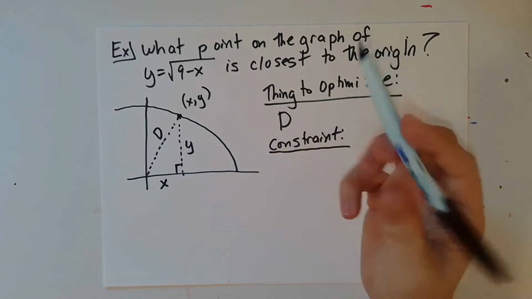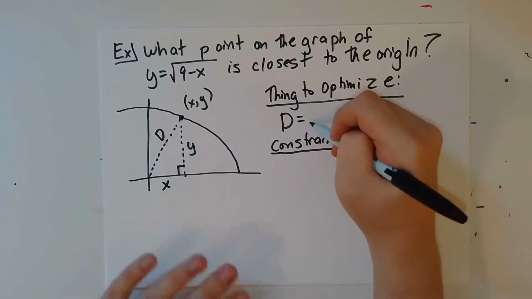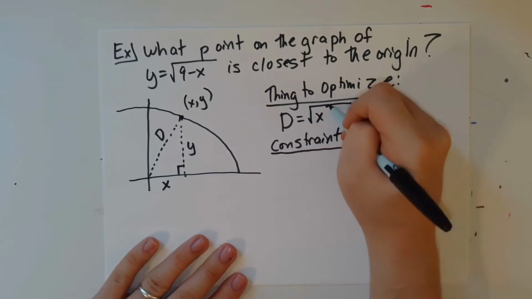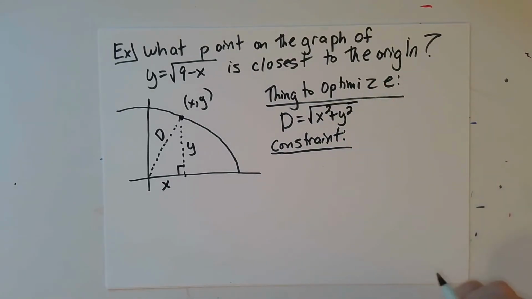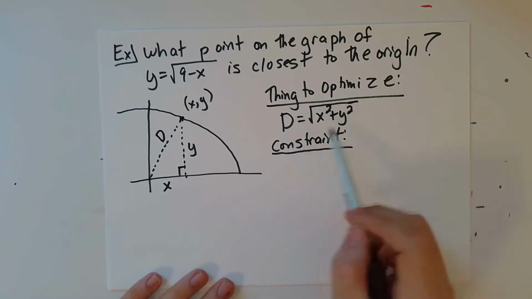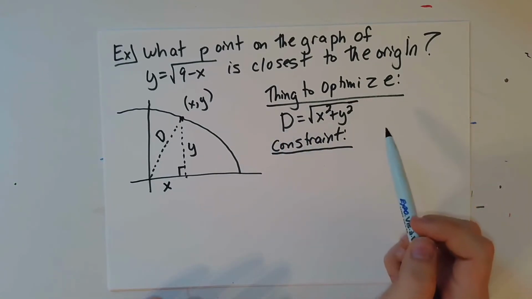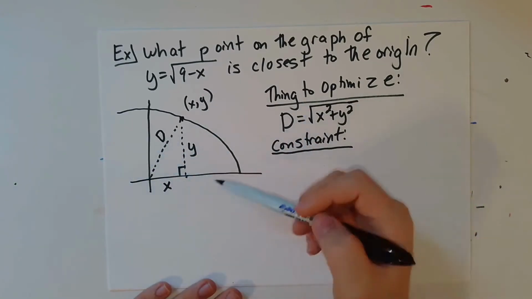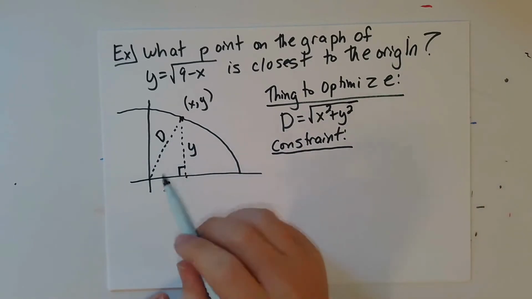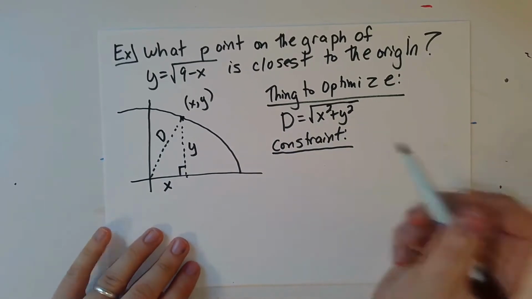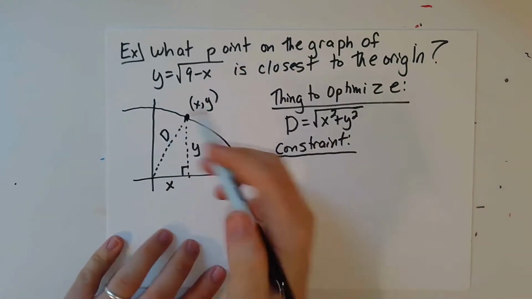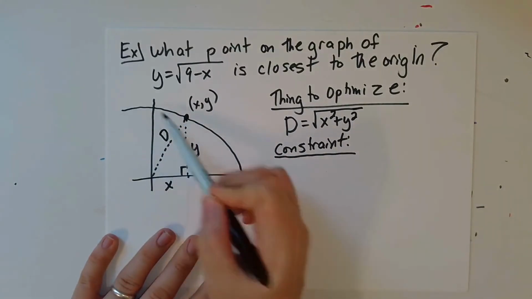And so what this tells you is that this distance, it's actually the square root of x squared plus y squared. That's the thing we're trying to optimize. This is if you want just the distance formula, if you are used to thinking about the distance between 2 points in the plane being given by this x1 minus x0 blah blah blah formula. This is exactly that.